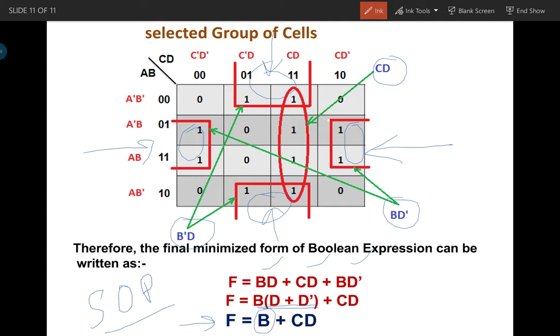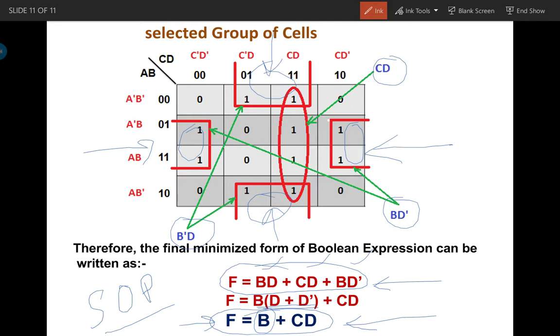Okay, so if you look at these two expressions, the first expression is drawn if we consider two separate quads, then the expression will be this one, and if we consider one single octet instead of the two quads, then your expression will further reduce. So this proves that if we go for a larger group, your expression will be reduced.